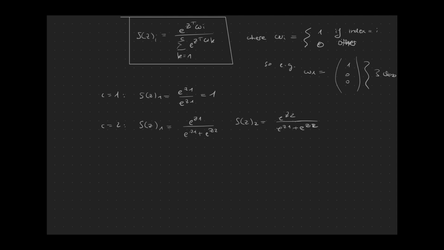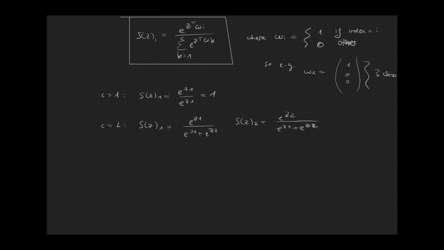But we have to notice one thing. Why doesn't this look like the sigmoid? The reason is that the sigmoid, as we defined it, is basically a one-dimensional function, right? It has a one-dimensional input, so a scalar, and gets a scalar output.